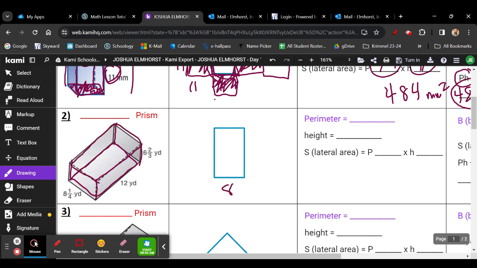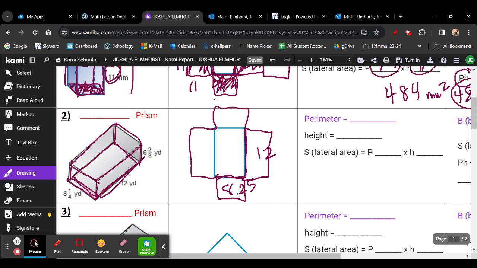So we got 8.25 by 12. So we have the same shape here. Then we just flip the sides down. And then we have the top, we can put the top on either side. I see some space over here, so we'll put the top over there. And so the top is going to be 8.25 by 12 also. And then the height, we can do 6.6 or 6.66.